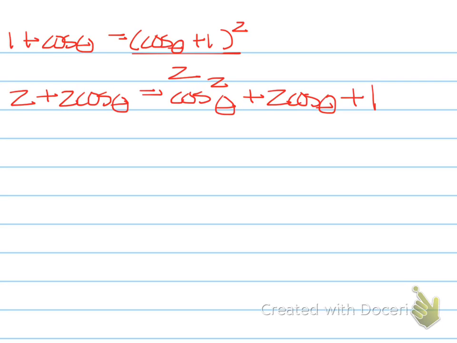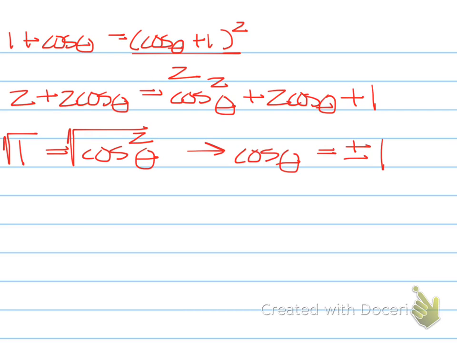Now you can see that there's going to be another quadratic equation that's formed. The 2 cosine thetas both cancel, since you have 2 cosine theta on both sides of the equation. If you subtract 1 from both sides, you'll be left with 1 on the left side of the equation, and so that leaves you with cosine squared theta equals 1.